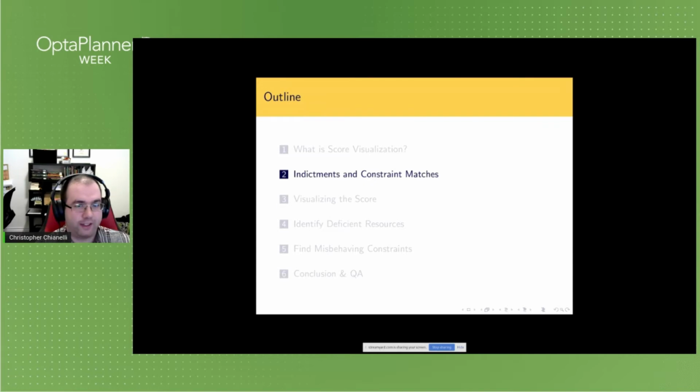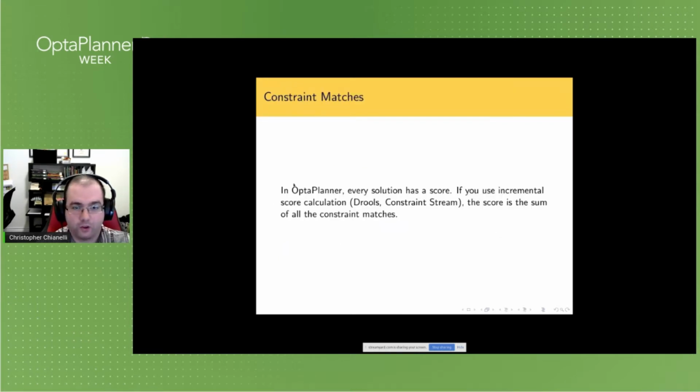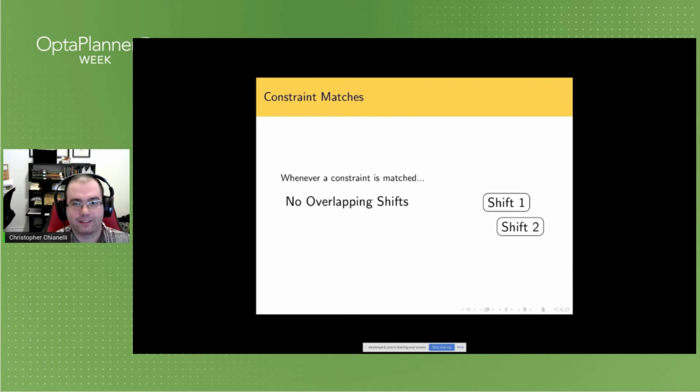So, how do we get the information from OptaPlanner? As you all should know, every solution has a score. If you do incremental score calculation, so Drools or constraint streams, the score is the sum of all constraint matches. So what is a constraint match?